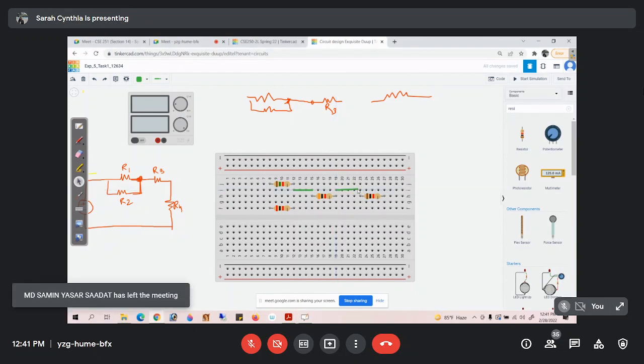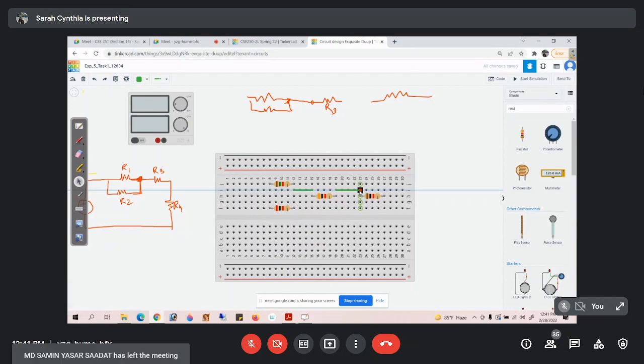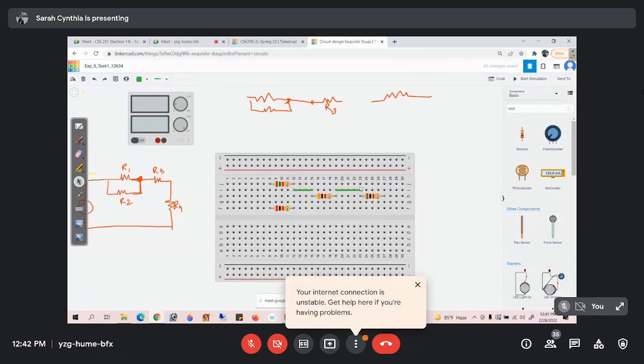Drag a wire from the last terminal of R3 and place it on the first terminal of R4. Basically I'm dragging a wire from any point of column 19 to column 23.